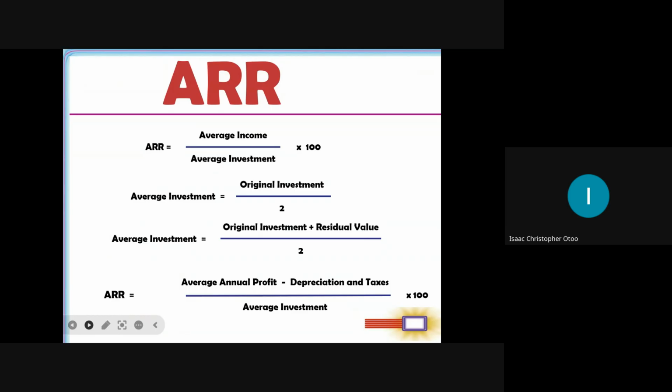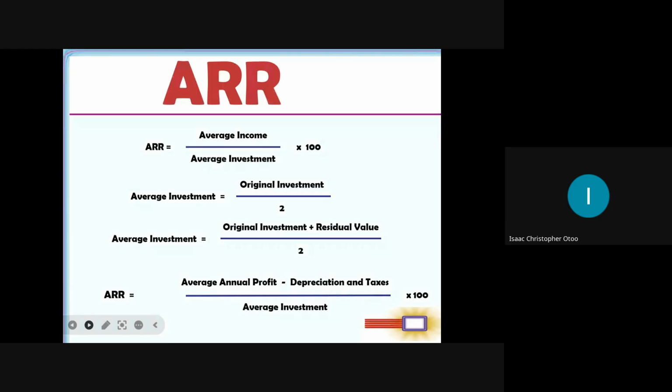After the calculation, how would you make a decision out of that? You make a decision by what the management or the organization gives you as their targets.